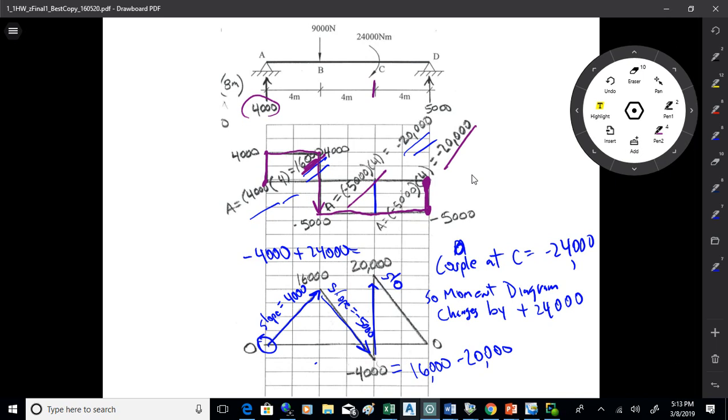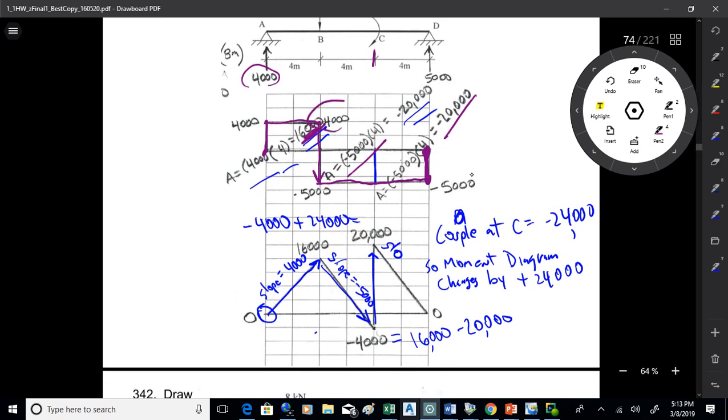All right, the next thing here is the moment diagram. That'll start at 0 and we'll have a change equal to the area under the shear diagram. Whoops, I'm sorry, the area is 16,000. There we go. So we go from 0 up to 16,000. The slope of that line is equal to the value of shear, which is positive 4,000.